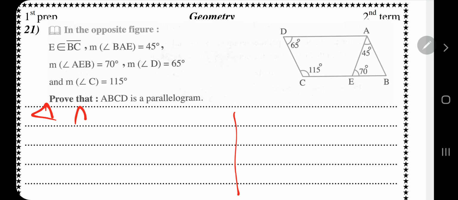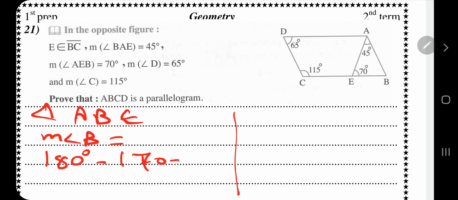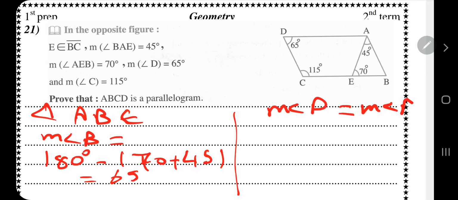In triangle ABE, measure of angle B equals 180 minus 70 plus 45, which is equal 65. That means measure of angle D equals measure of angle B equals 65.